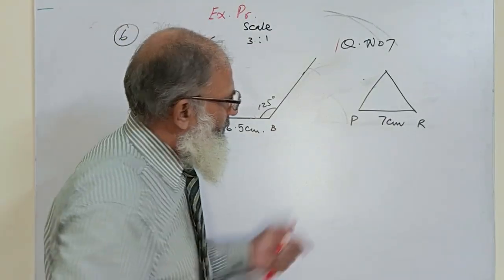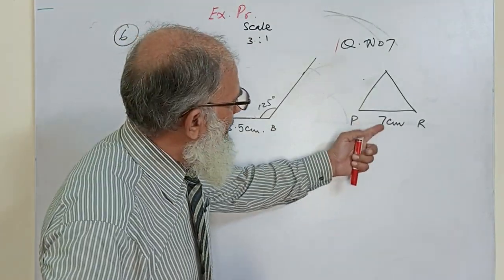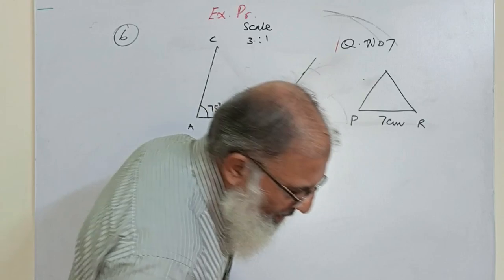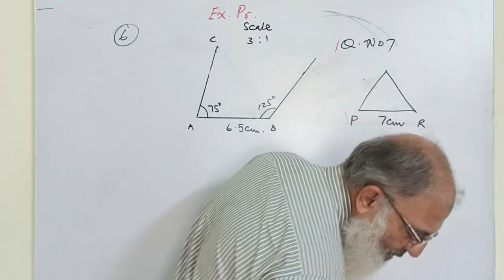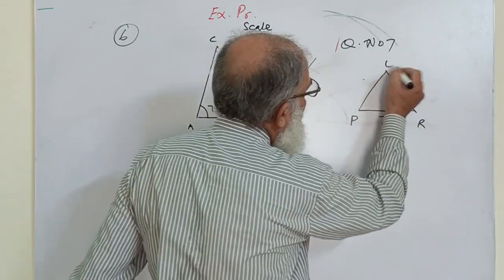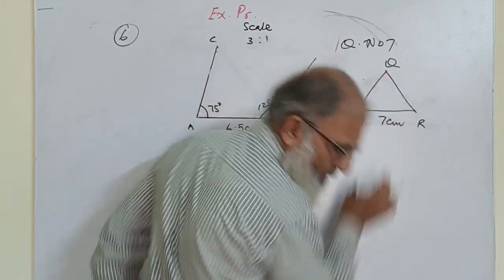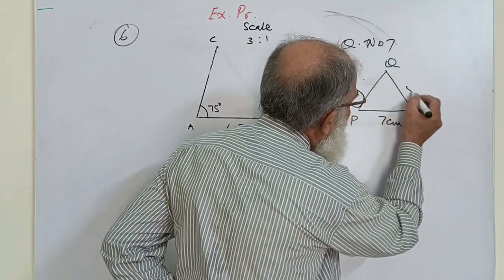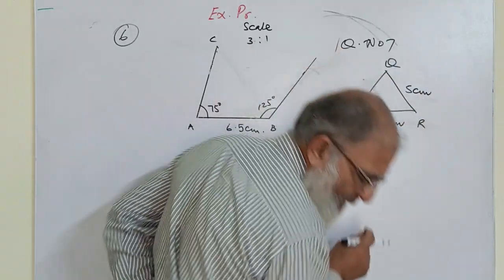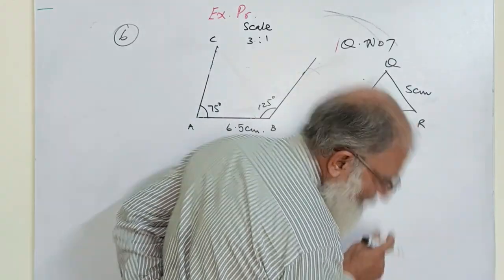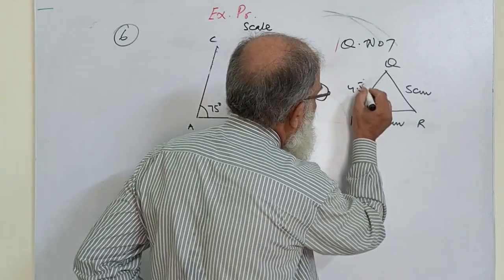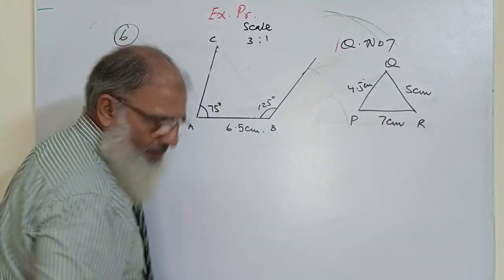I forgot to number them. Now PR is 7 centimeter, QR is 5 centimeter, and PQ is 4.5 centimeter. Very easy.